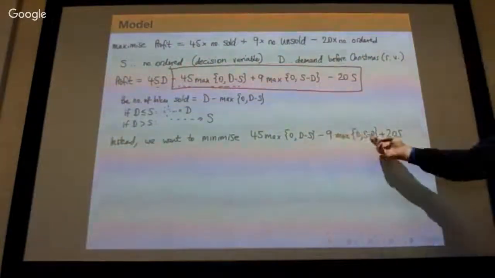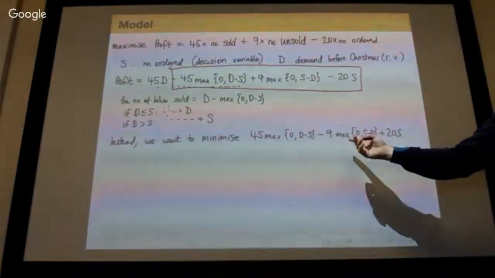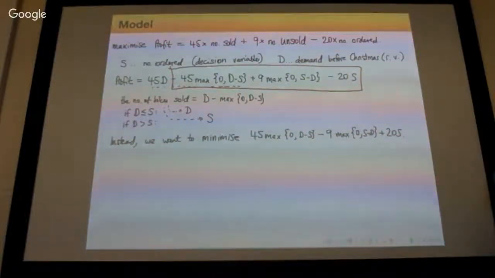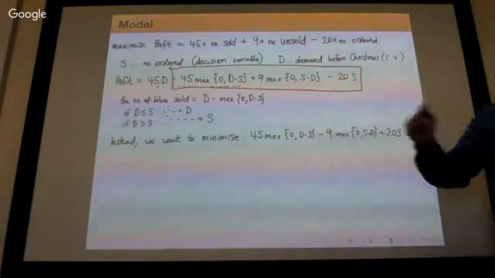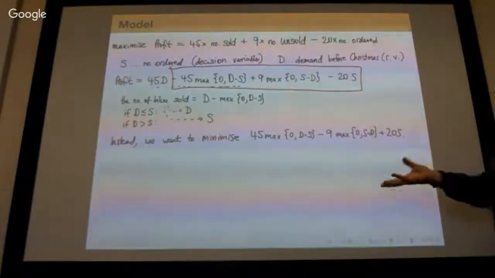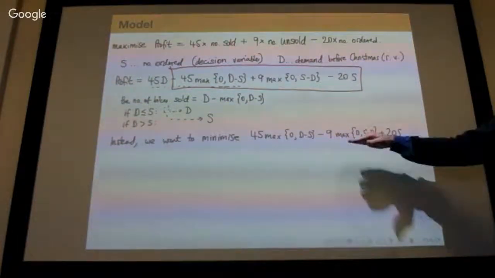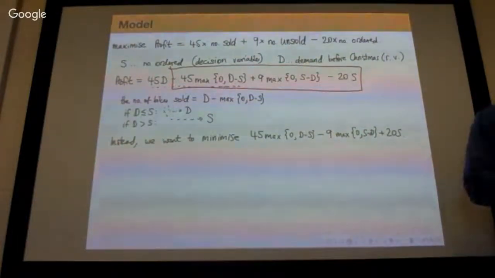And this is a negative 9 cost because we have the salvage value of £9, and so the cost of not selling them, cost of disposal as it were, is minus 9.